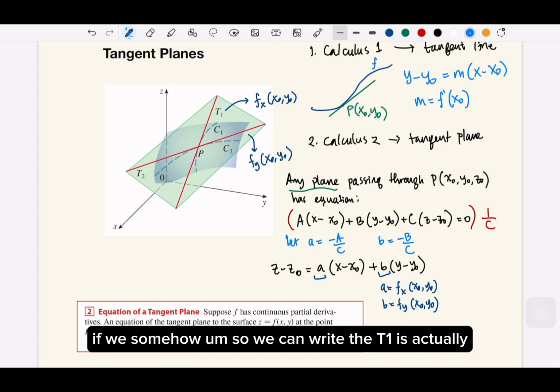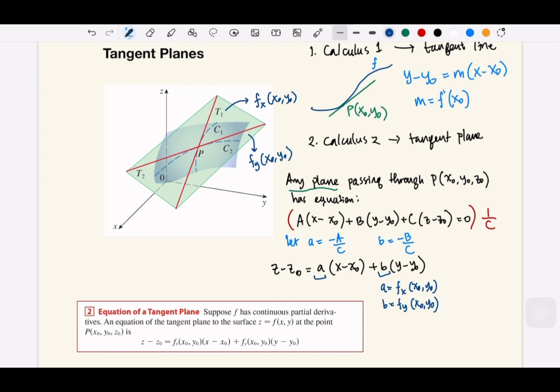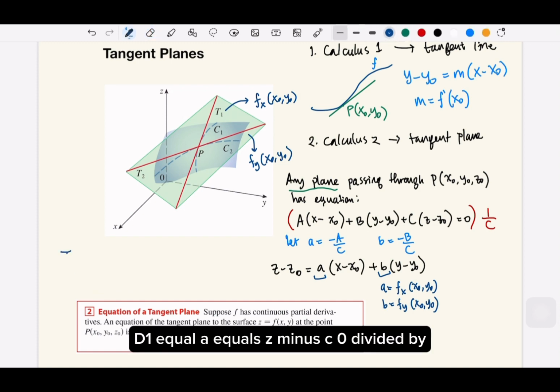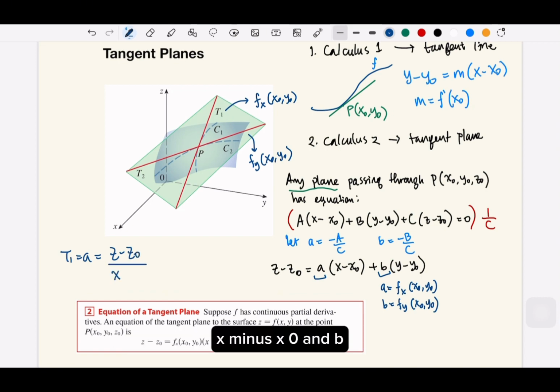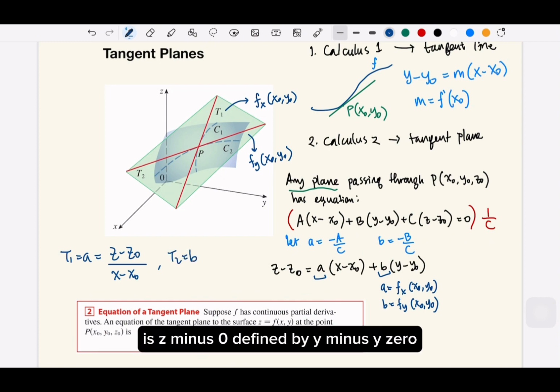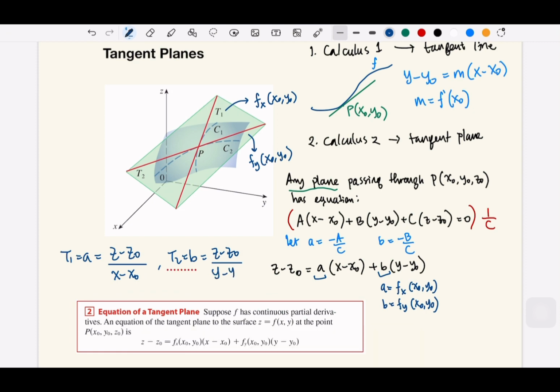So we can write T1, or A, equals z minus z0 divided by x minus x0, and B is z minus z0 divided by y minus y0.